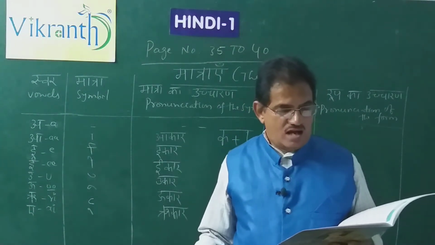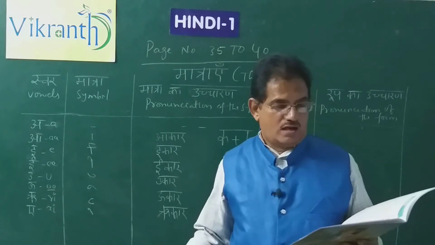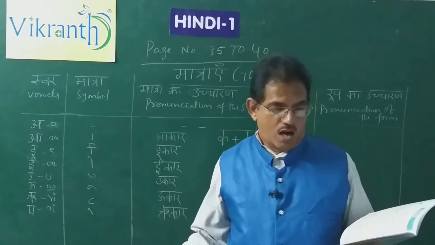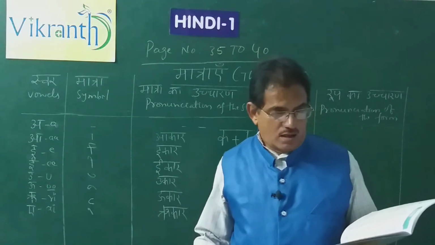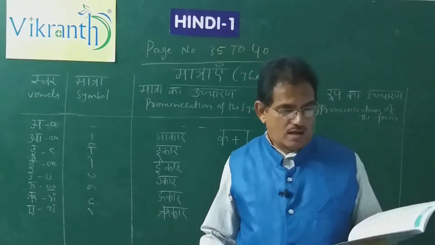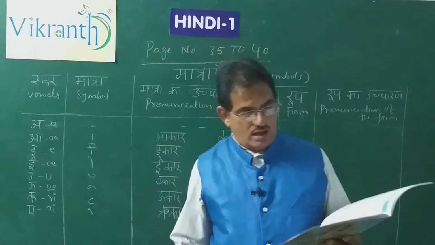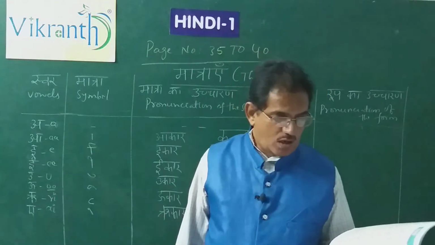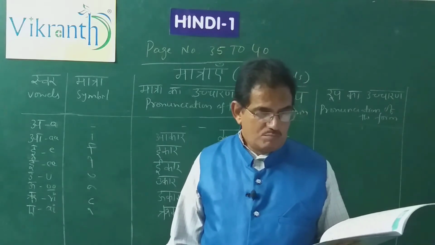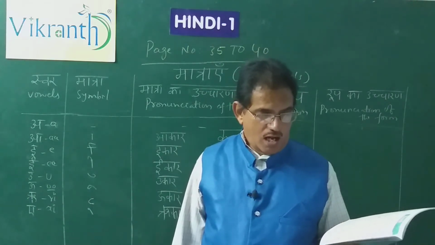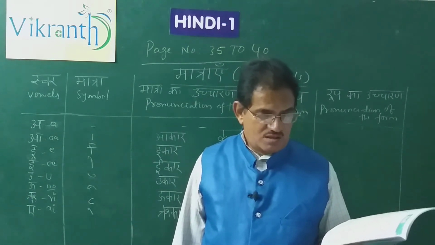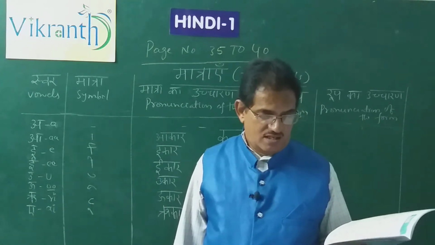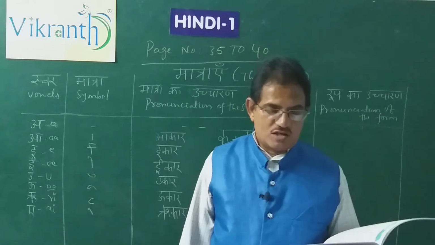I, ikar, ee, ikar, u, ukar, oo, ukar, ri, rikar, e, ekar, ai, aikar, o, okar, au, aukar, bindu anuswar, chandra bindu, aha, visarg, means 2 dots.